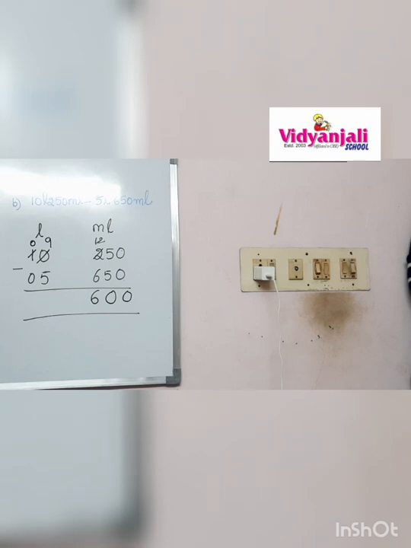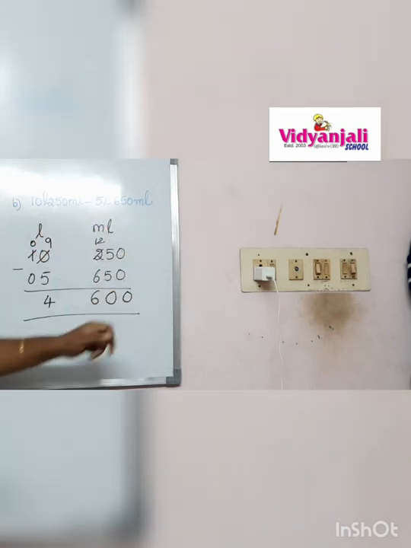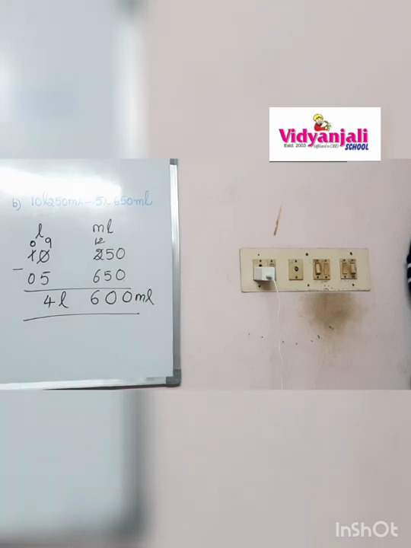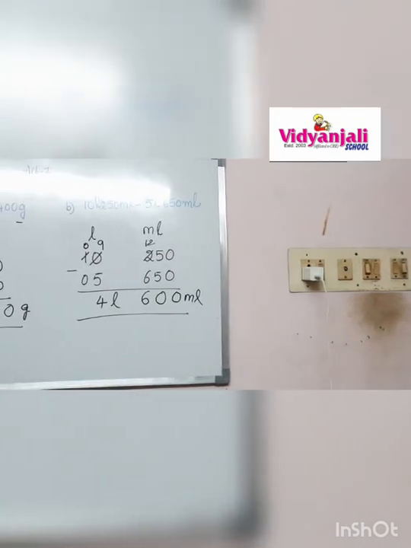And 9 minus 5 is how much, children? 9 minus 5 is 4. So, what did you obtain? 0 minus 0 is again 0. So, we need not write that. Okay. By subtracting 10 liters 250 ml from 5 liters 650 ml, we obtain the answer 4 liters 650 ml. Okay. Now, we will see 2 more problems.